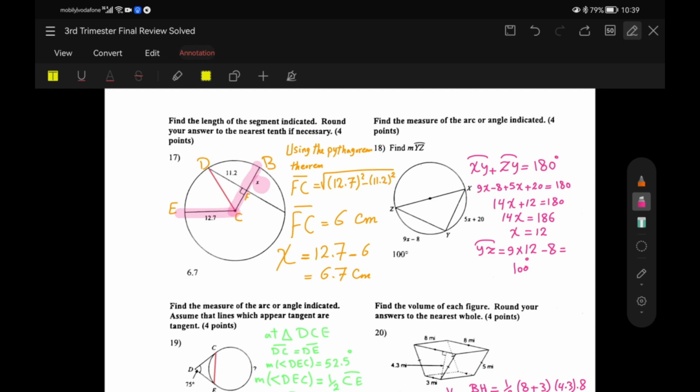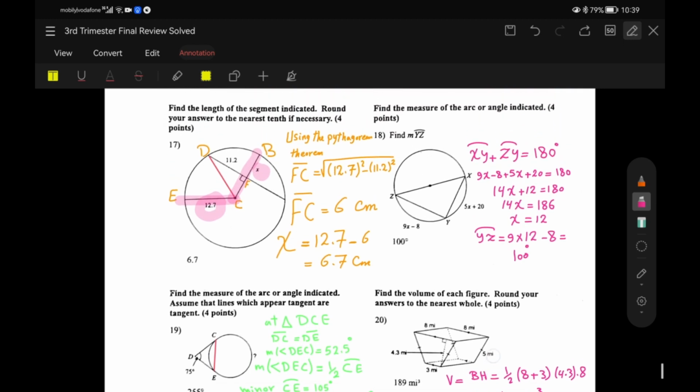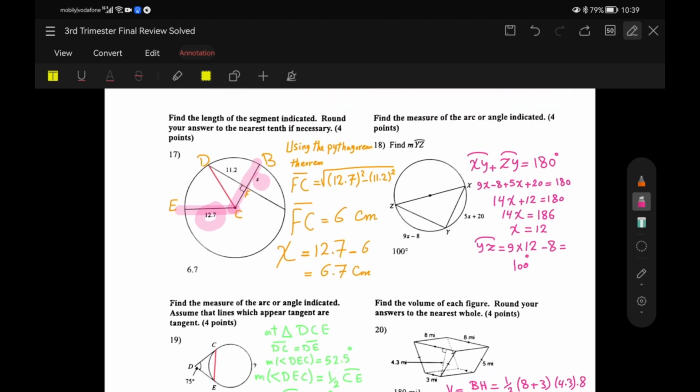So the length of FC equals 6 centimeters. And you know that the radius equals 12.7, so 12.7 minus 6 equals 6.7. So the final answer for x is 6.7. If you find in your math examples that you need to make a small construction, it's a very easy thing.